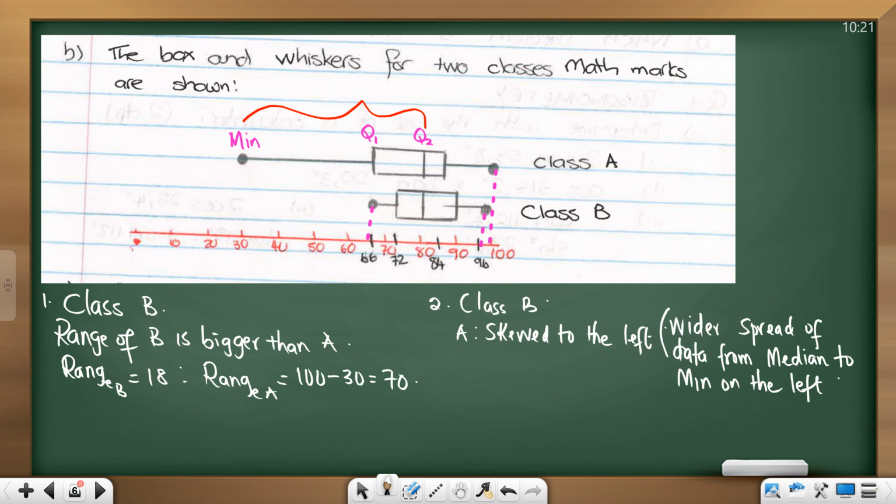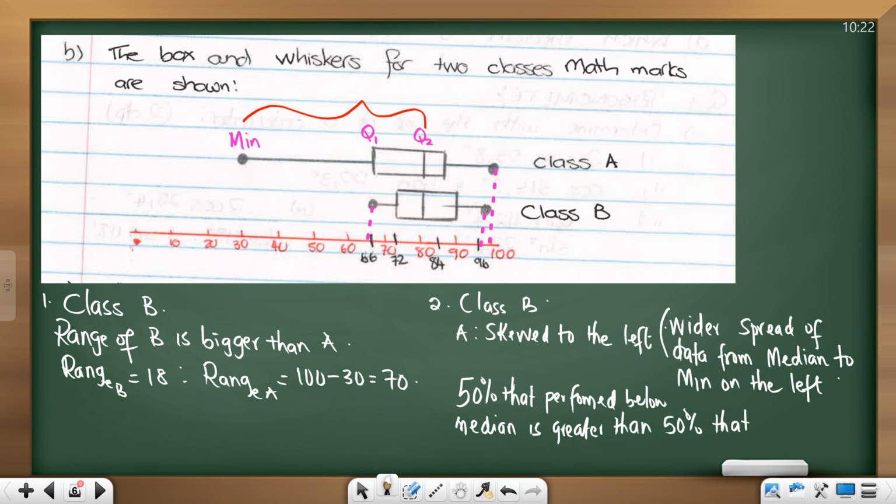That is to say, if you look at the 50% that performed below the median, the 50% that performed below the median in A is greater than the 50% that performed below the median in B. I don't know if that makes sense.